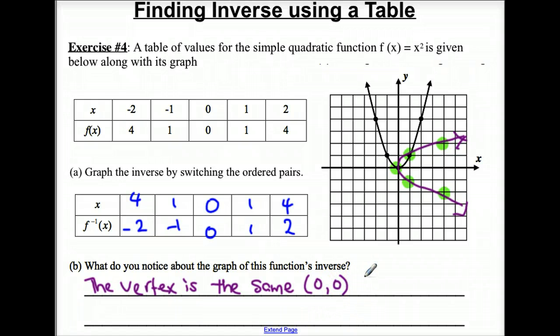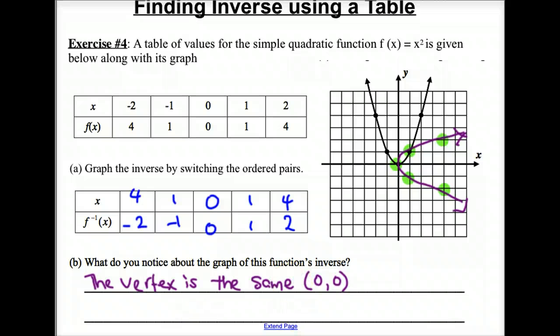What else? The graph just kind of tilts to the right, and you can write all of that in. The main part of this is finding the inverse from a table. All we're doing is switching my x and my y.